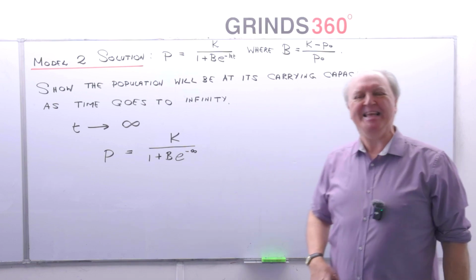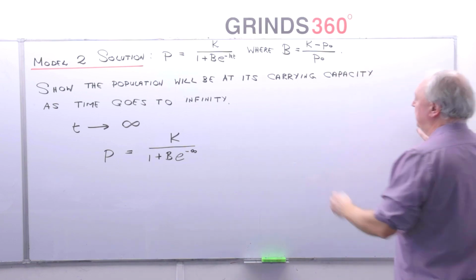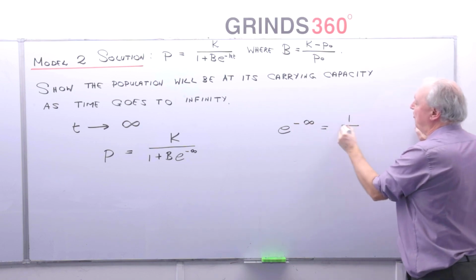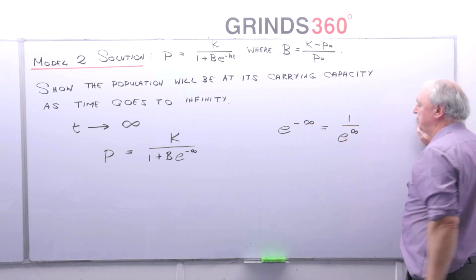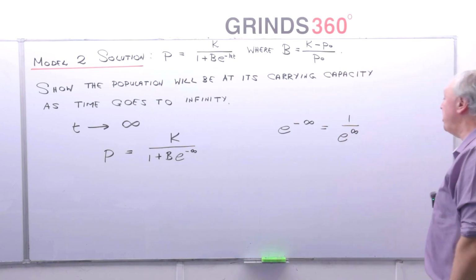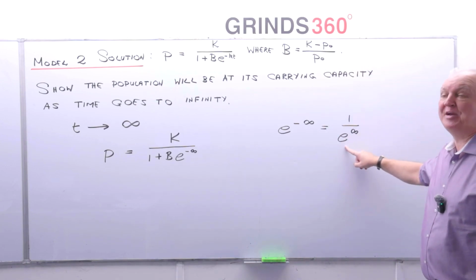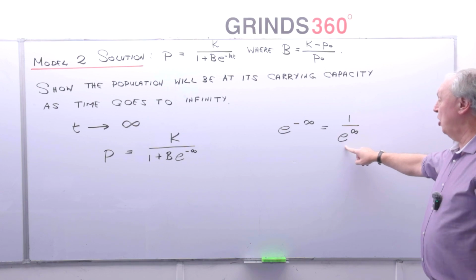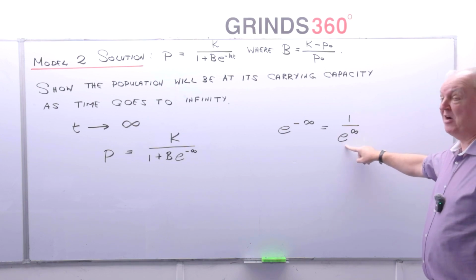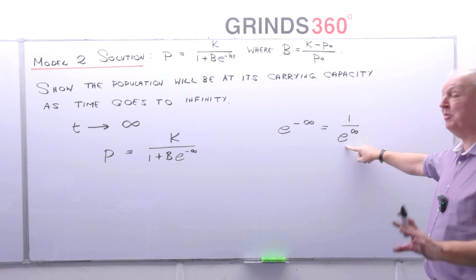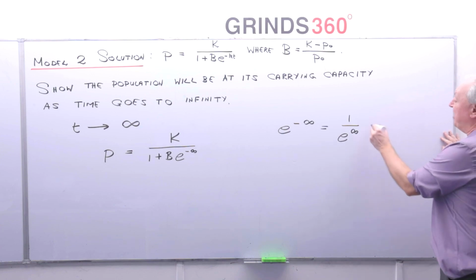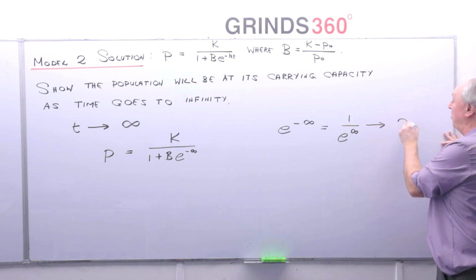And what can I say about e to the power of minus infinity? Well, e to the power of minus infinity is equal to 1 over e to the power of infinity. e to the power of infinity, well, that's an enormous number. e is about 2.718, so that number to a very, very high power becomes enormous. 1 divided by an enormous number, well, that number tends towards 0.